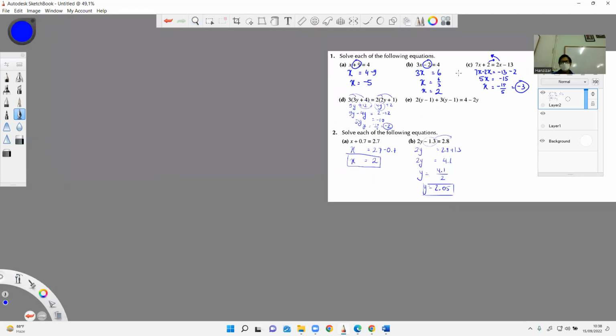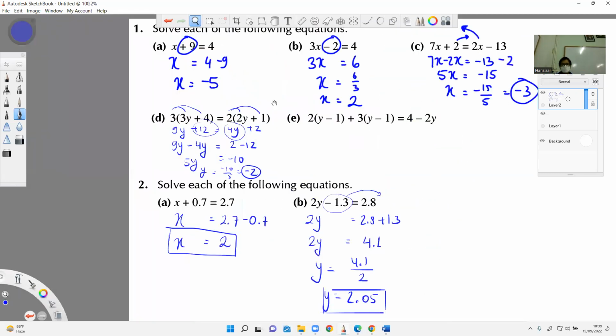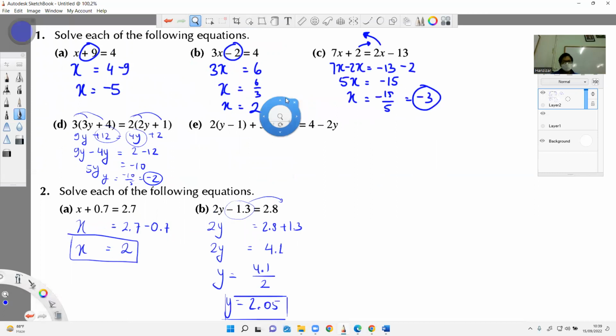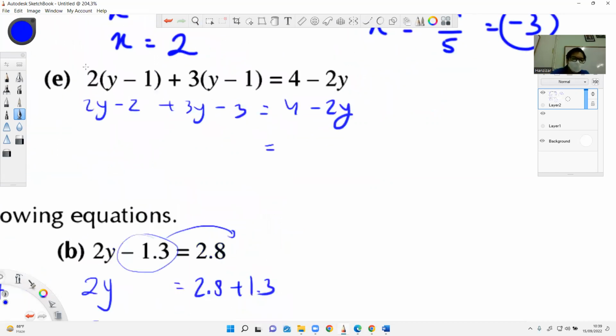Okay. So I skip question E because I know that you can do it yourself. You expand. Oh, enggak, ini susah nih guys. Oke, gue kasih tau ya. Jadi kan ini expand dulu nih. Terus you move everything to the left for every unknown.